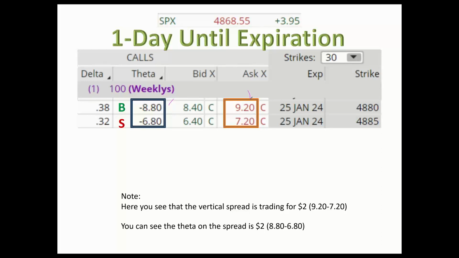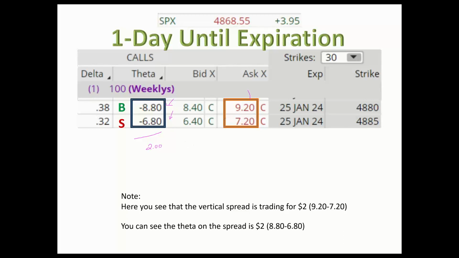This option is going to lose $8.80 in time decay over 1 day if the market doesn't move. And the other option is going to lose $6.80 in time decay, or how much? $2.